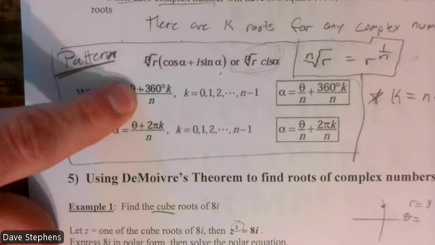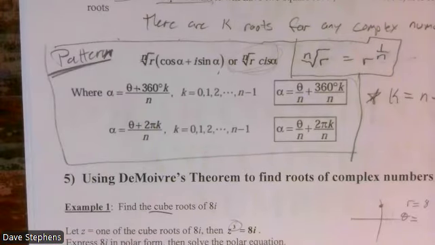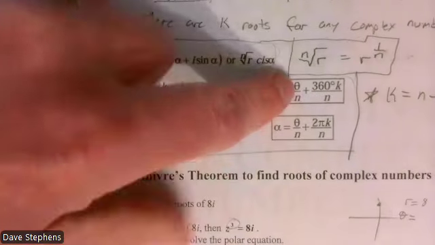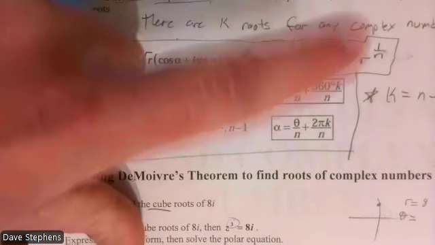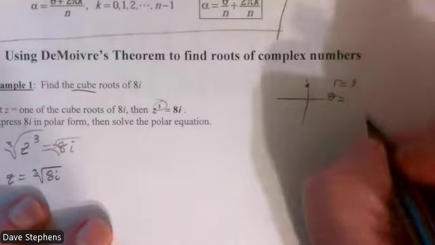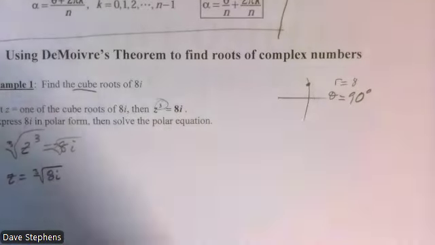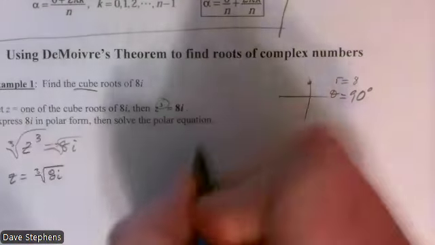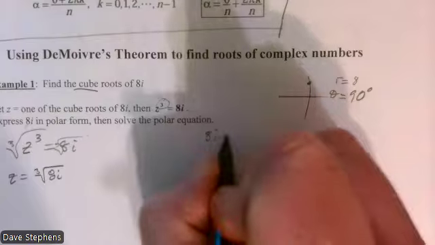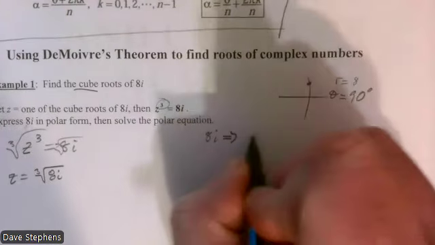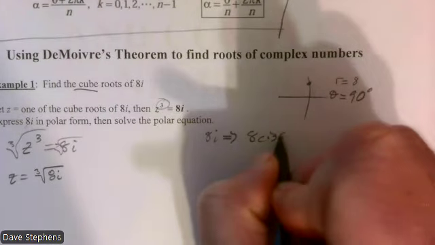Let's go with 90 because I feel like that's going to be dramatically easier than doing a fraction with the numbers. So we're going with 90 degrees. So 8i expressed in polar form would be 8 cis 90.